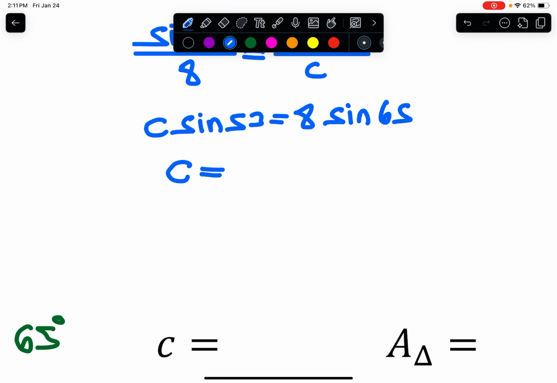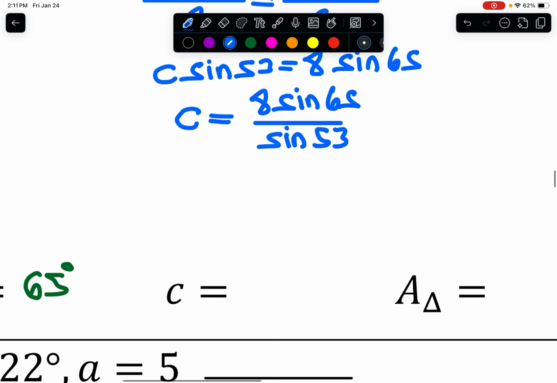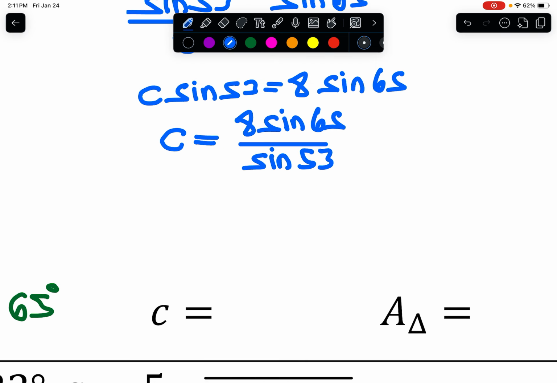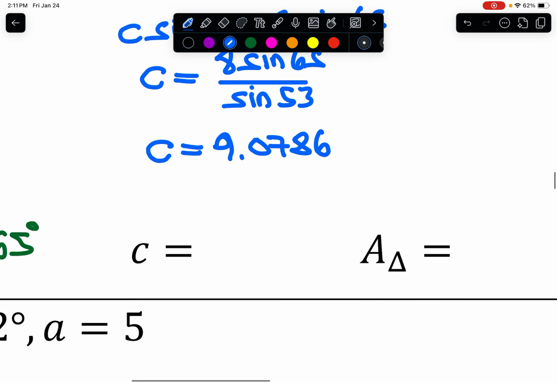When you divide both sides, that's going to be 8 sine 65, all divided by sine 53. When you type that in, typing numbers is hard. Your 4 decimal places is going to give you 9.0786. But for the actual C value for the final answer down here, I'm just going to do 9.08.